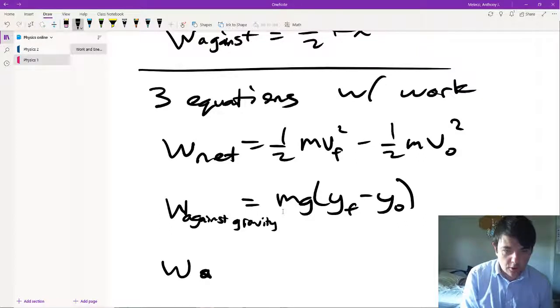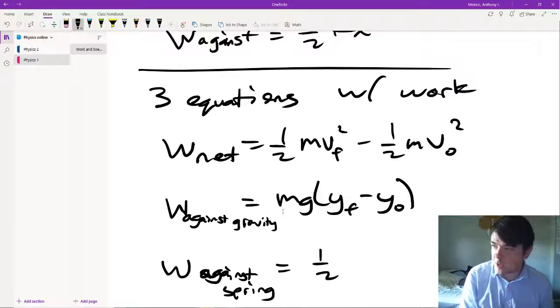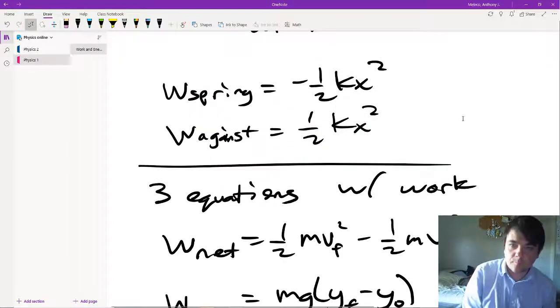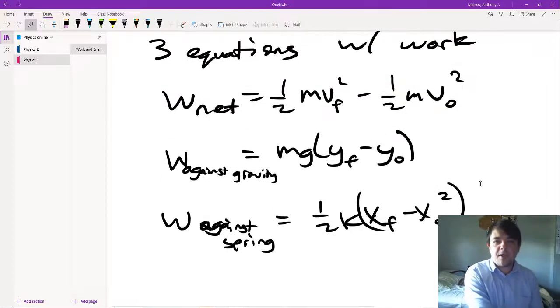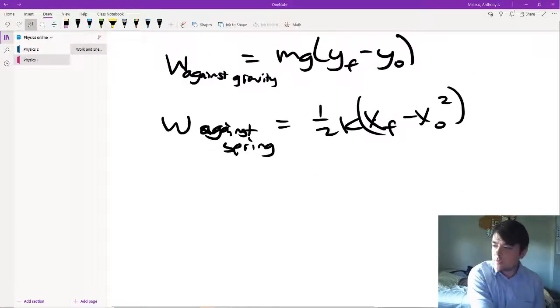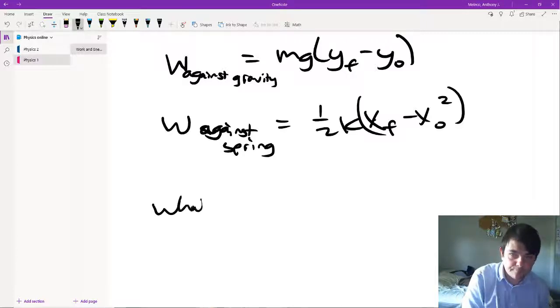And we had the work against the spring, which was 1/2 k, and then delta x squared, x final minus x initial. This should have been delta, sorry. Okay, so we had 3 equations, and we want to know what is the point.